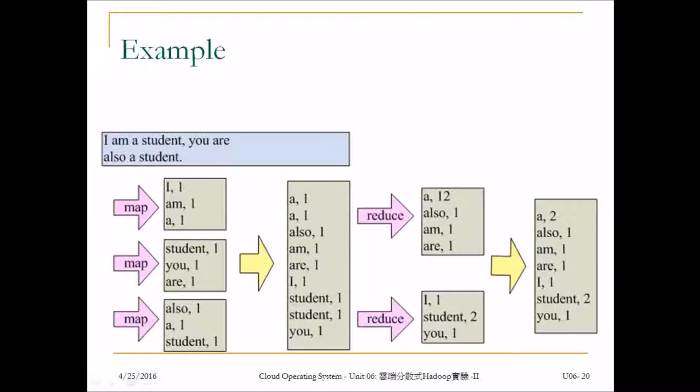So after counting, these 3 task trackers will send their reports to the job tracker. So the job tracker will collect all the reports from the 3 task trackers. Then this word count procedure will try to reduce the report.